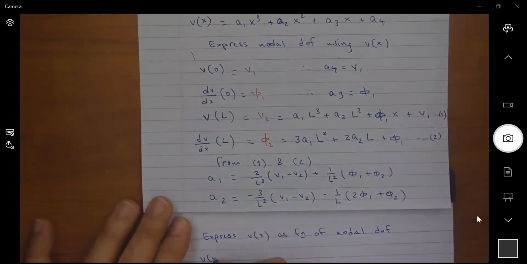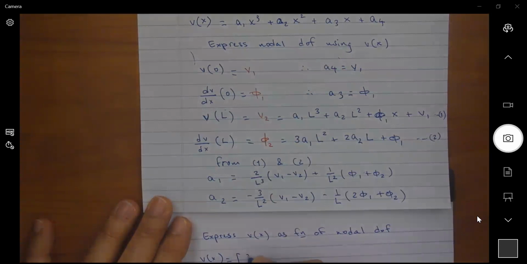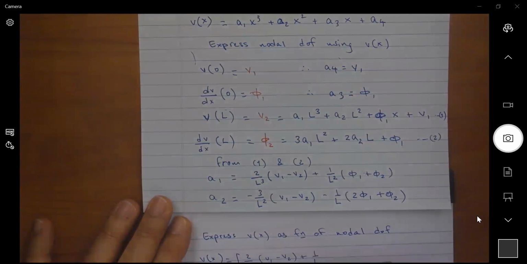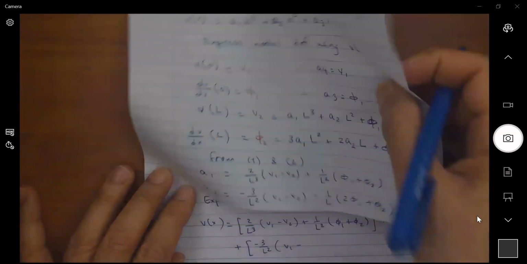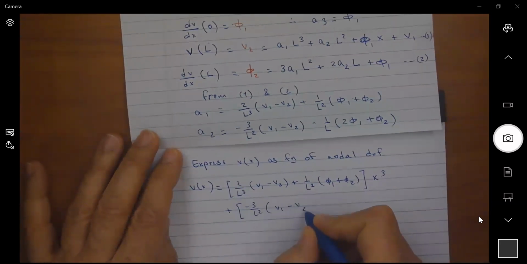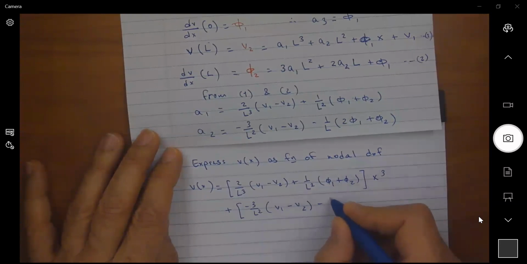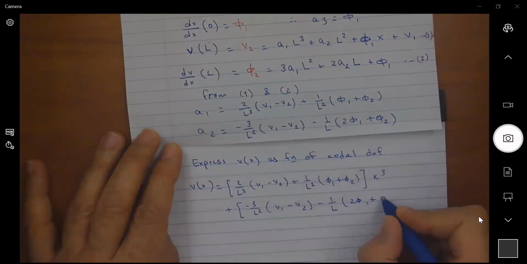So this v of x, if I substitute here A1, I'm going to put 2 over L cubed times V1 minus V2 plus 1 over L squared times Phi1 plus Phi2, multiplied by x cubed, plus minus 3 over L squared times V1 minus V2, minus 1 over L times 2 Phi1 plus Phi2.